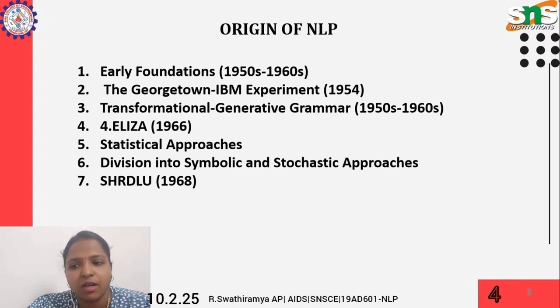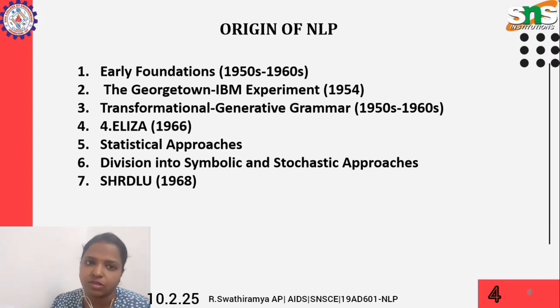The early work in this area was heavily influenced by linguistics. Yes, linguistic experts. The concept really depended on the linguistic experts in the early stages, in the 1950s and 60s.